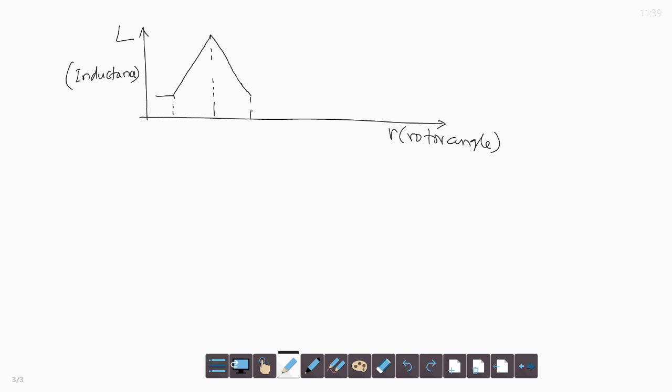This angle is 18 degree, this angle is 18 degree, and this angle will be 24 degree, slightly less.